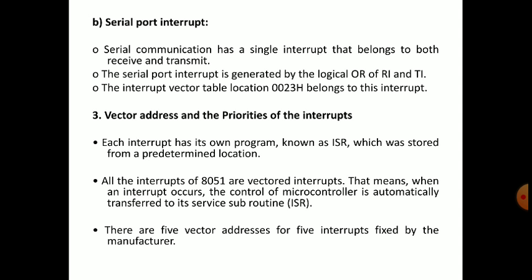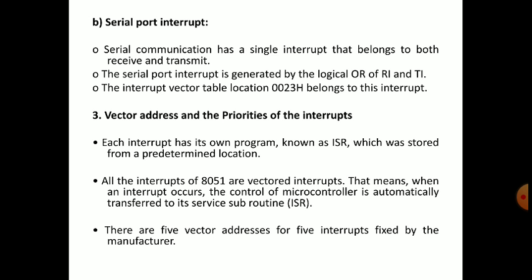When an interrupt occurs, the microcontroller detects whether an interrupt has occurred, whether it is serviceable, and whether it has the highest priority if there are simultaneous interrupts. After detection, if it is going to service that interrupt and there is a vector address, the control of the microcontroller starts executing from the vector address of this interrupt.